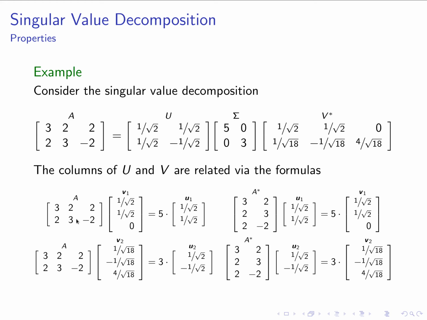If we take our matrix A and we multiply by the first column of V, which here would be the first row of V conjugate transpose, 1 over root 2, 1 over root 2, 0, this is the same thing as 5 multiplied by the first column of U. If we take A and multiply by the second column of V, we produce 3, which is the second singular value, multiplied by the second column of U. Then if we take the conjugate transpose of A and multiply by the first column of U, we produce the first singular value, 5, multiplied by the first column of V. And then if we take the conjugate transpose of A and multiply by the second column of U, we produce the second singular value multiplied by the second column of V. So here we just have an example illustrating that the formulas we just gave actually work.